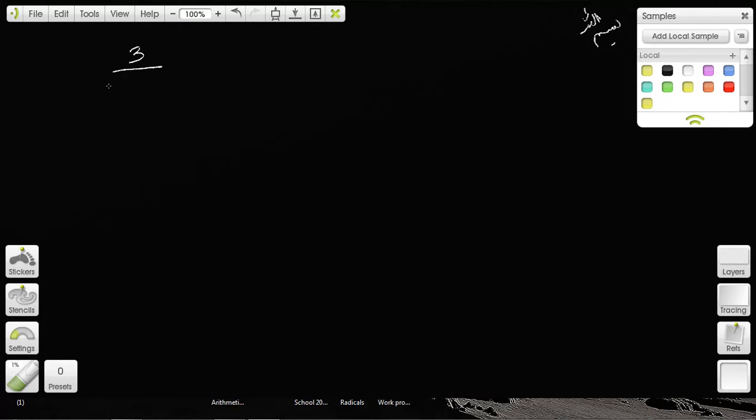3 over x minus 7 plus 1 is equal to 8 over x squared minus 9x plus 14. It looks awful. So what do we do? Yes.